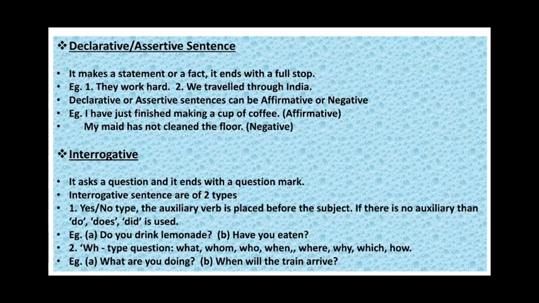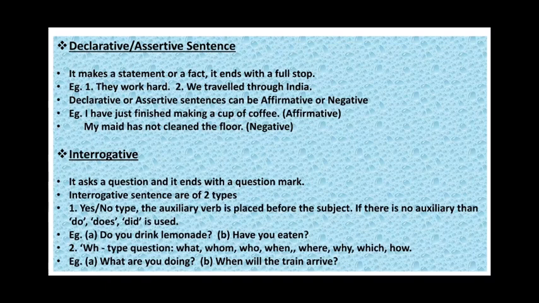Next is interrogative. So interrogative is where questions are asked and it always ends with a question mark. Interrogative sentences are of two types. The first is yes or no type questions. The auxiliary verb is placed before the subject.